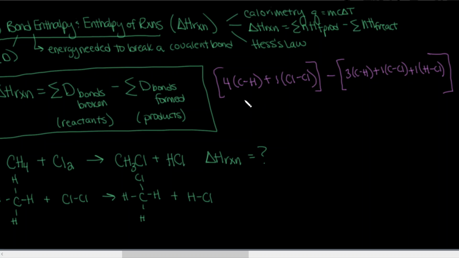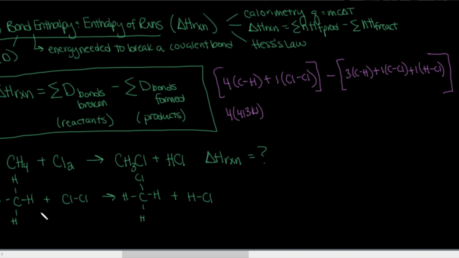Okay, so now I just go look up these bond enthalpies, you guys. The bond enthalpy for a carbon-hydrogen bond is 413 kilojoules. And again, it's per mole. These are moles, right? If it's a 1 to 1 to 1 to 1 mole ratio.